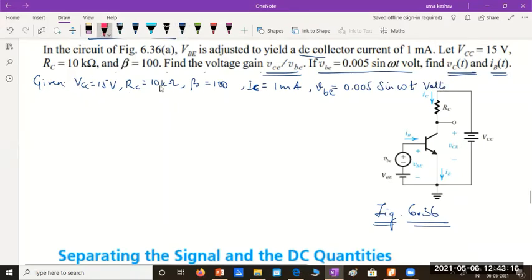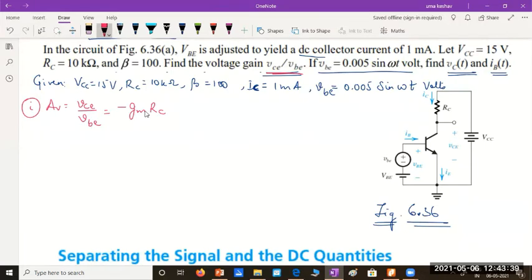Now, the first thing he is asking us to find is the voltage gain. Therefore, the small signal voltage gain is given as vce by vbe. In this circuit we found just now how to define it: minus gm into RC. Yes or no?